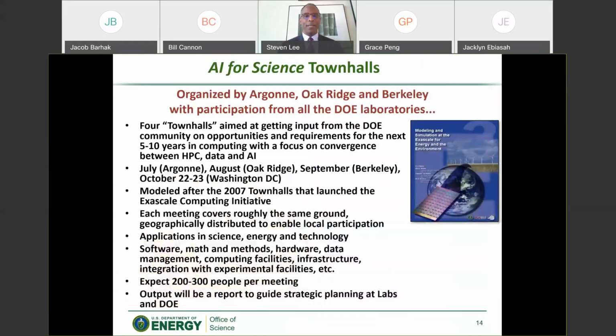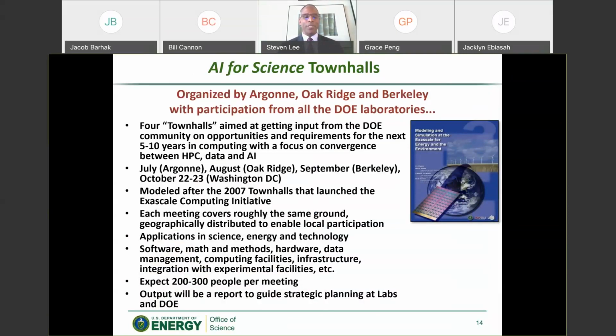Also related, we have some AI for science town halls going on right now. There are 3 in July, August, and September. And then the 4th one is in DC right before the NIH meeting. So October 22nd and 23rd, in the second bullet, there's a Washington, DC town hall that looks at the way AI is being used for science and being organized by the DOE national labs.